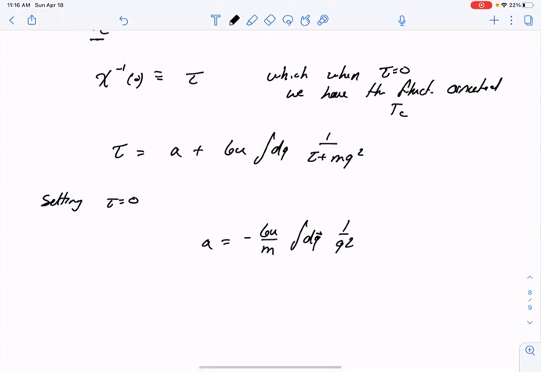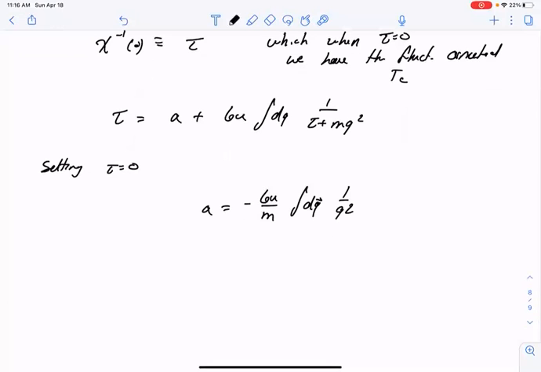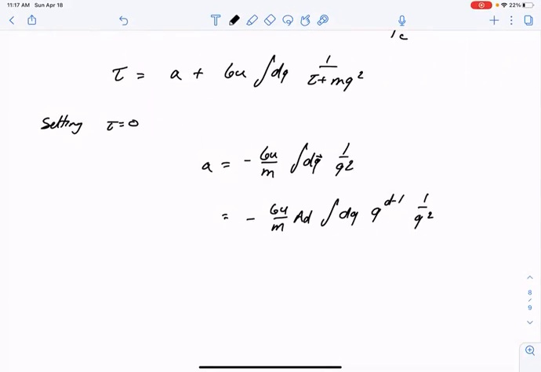That's an integral over the vector q, which can be interrogated. We'll get a factor of A_d, those factors of pi associated with the solid angle integrals, and an integral over the magnitude of q, q to the d minus 1 over q squared. Uh-oh.